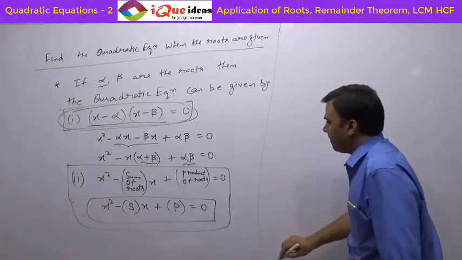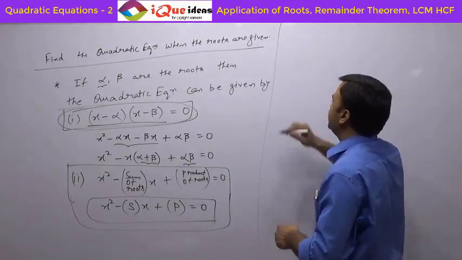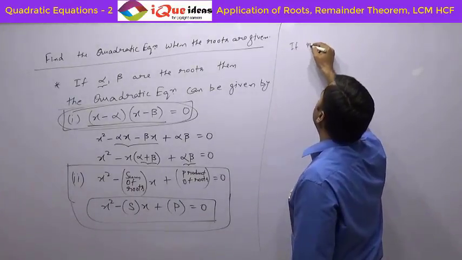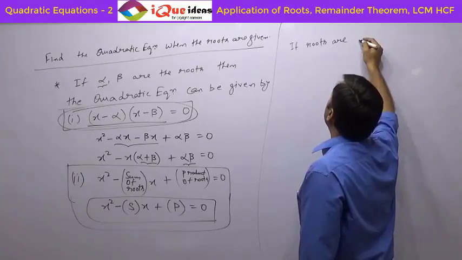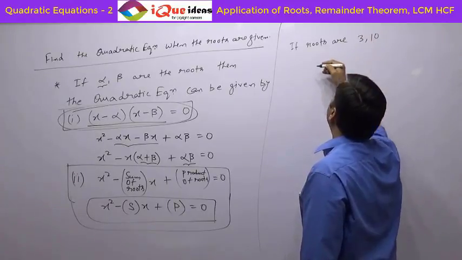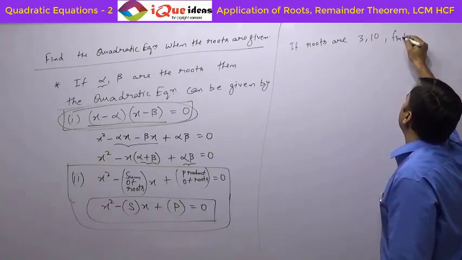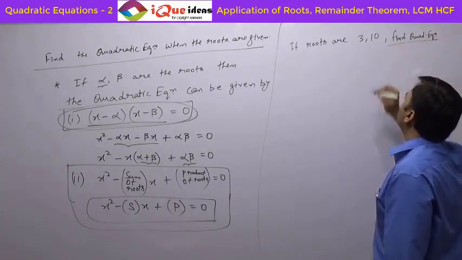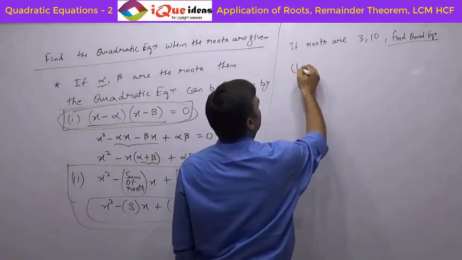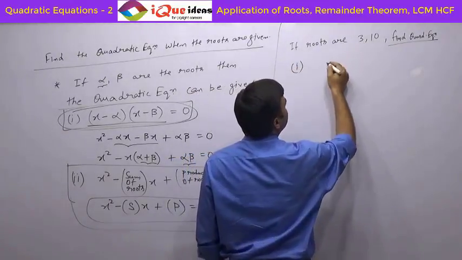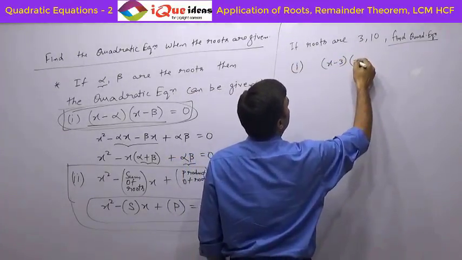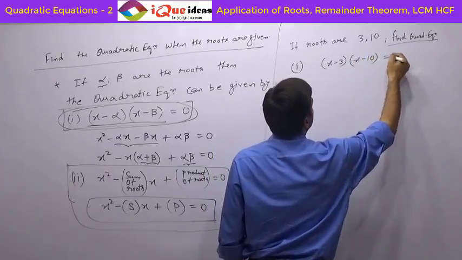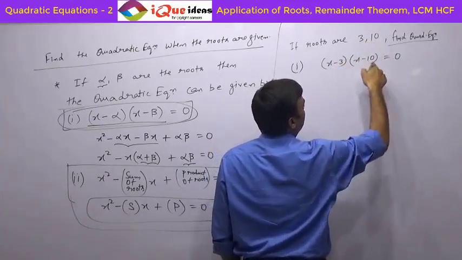Alright, now let's take some questions. If the roots are 3 and 10, find the quadratic equation. What will you do? Let's take both the methods. From the first method, the equation can be written as (x minus 3) into (x minus 10) equal to 0. For 3 we have x minus 3, for 10 it will be x minus 10.